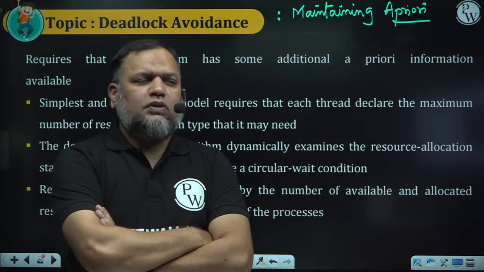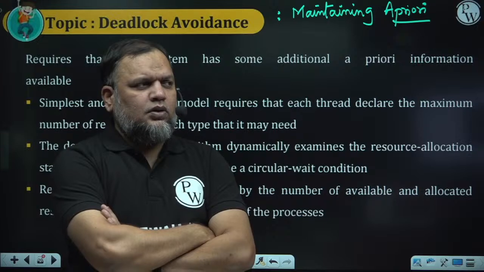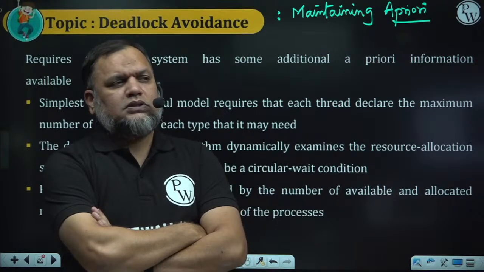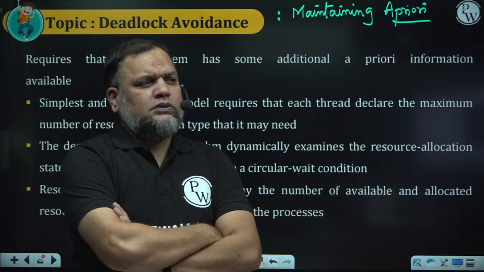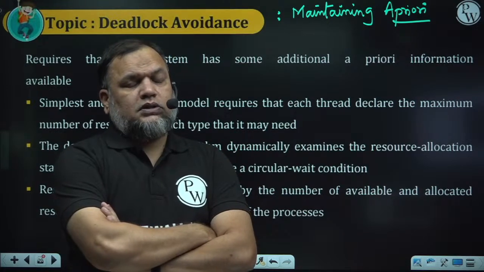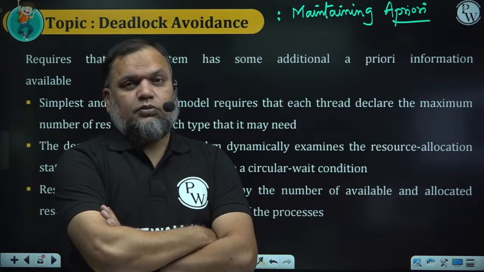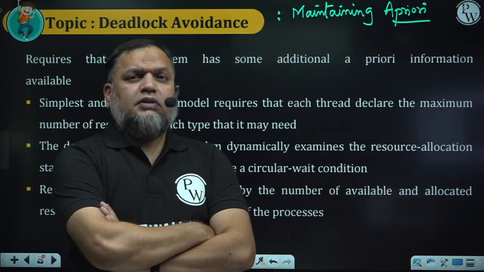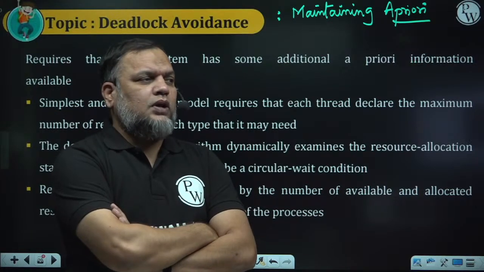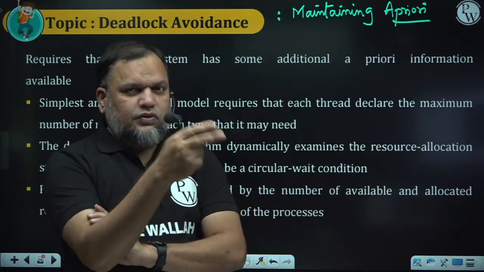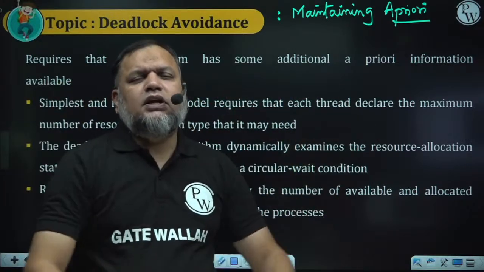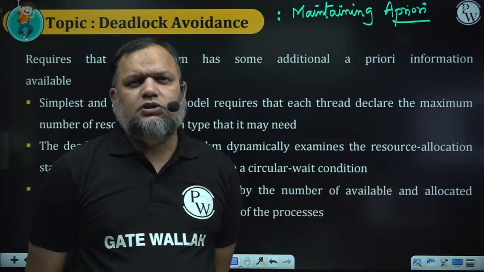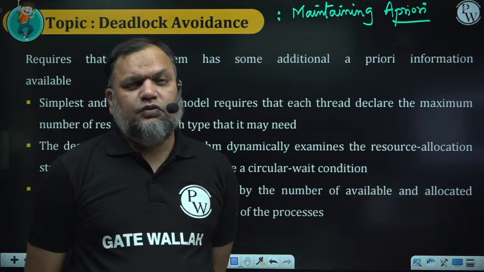So every process will have to make a demand for what resources it wants throughout its lifetime, throughout its life cycle. And then based on that, the operating system would allocate some resources. So this maintenance of the state in the form of various data structures is what is termed as system state.